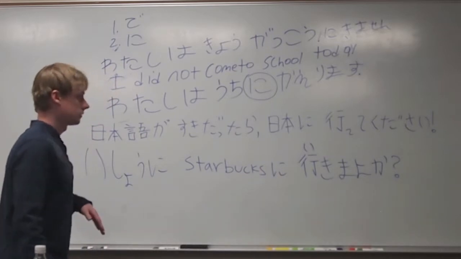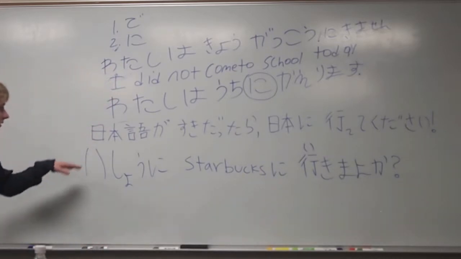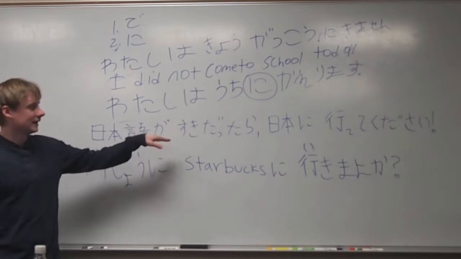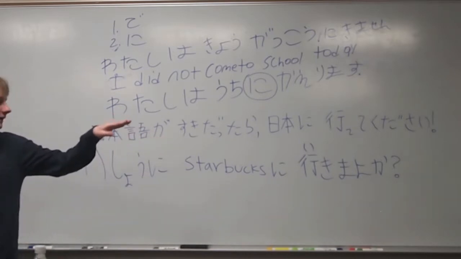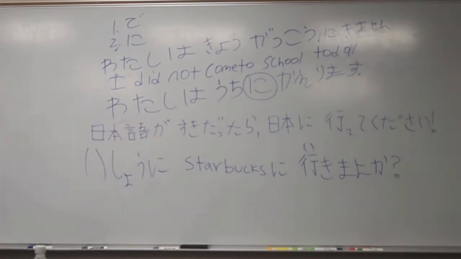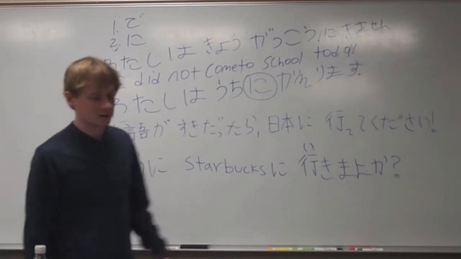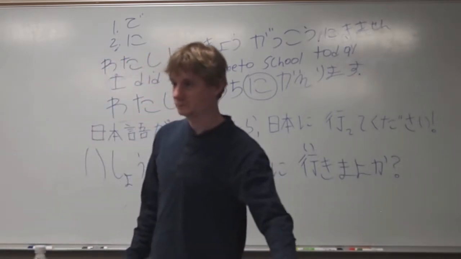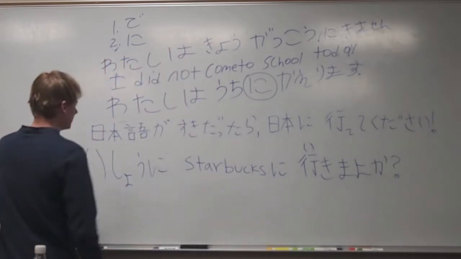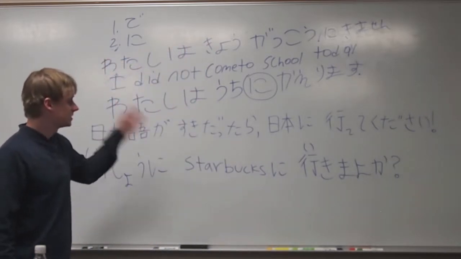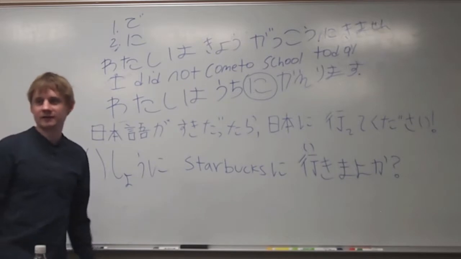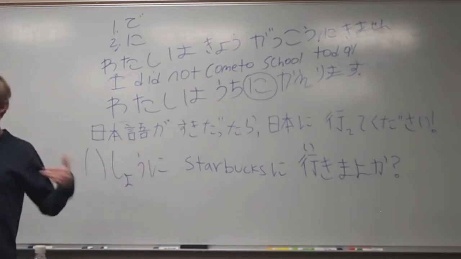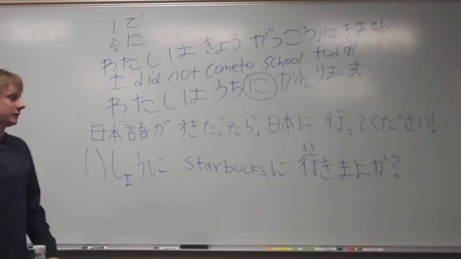Okay, so nihongo ga sukidattara nihon ni itte kudasai. It's like a condition, if something. But it's like if you like Japanese, please go to Japan. If you like the Japanese language, please go to Japan.